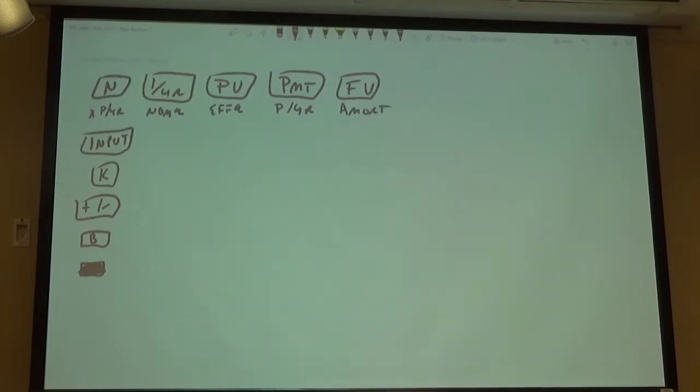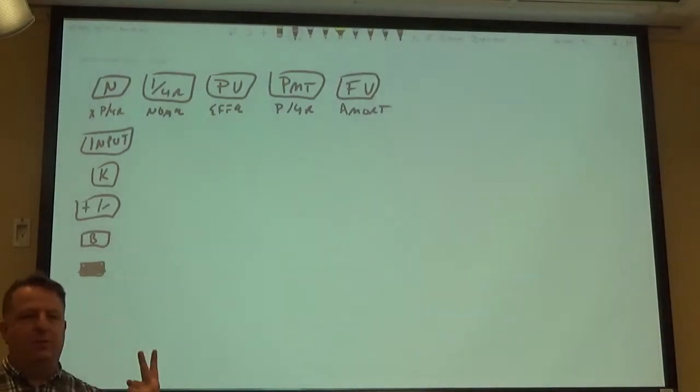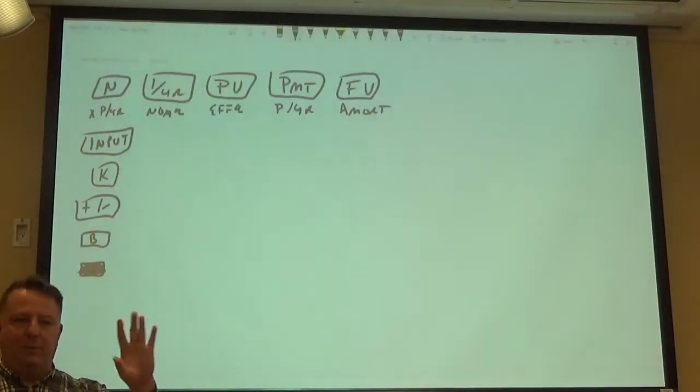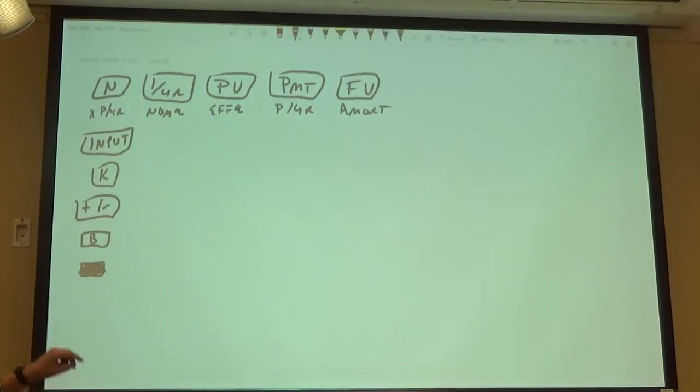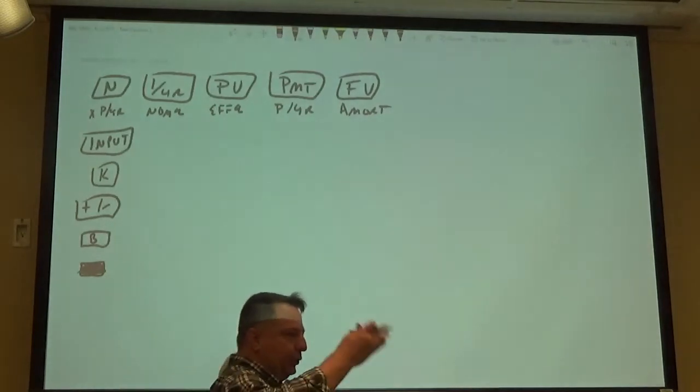Now in traditional finance, you've got quarterly, semi-annual, bi-weekly, daily, all kinds of other payment periods. But in traditional real estate, it's pretty much either annual or monthly. Okay, so that's why we're going to focus on those two. All right? Now, moving over to the interest rate key. Interest per year.